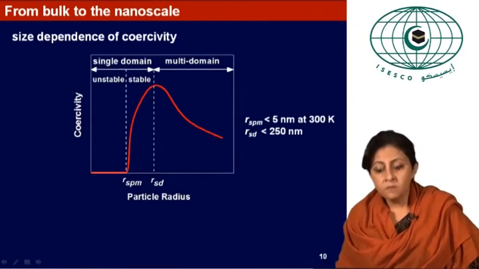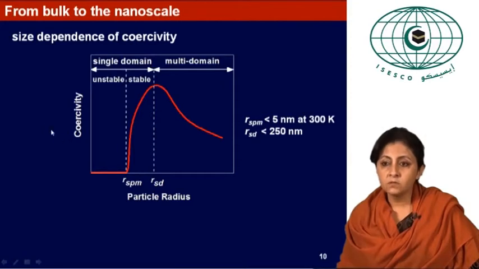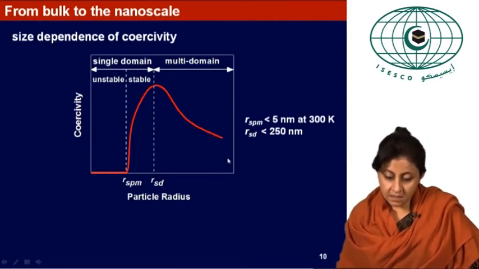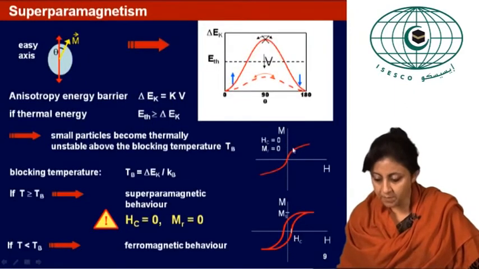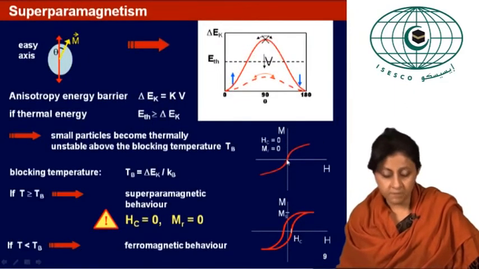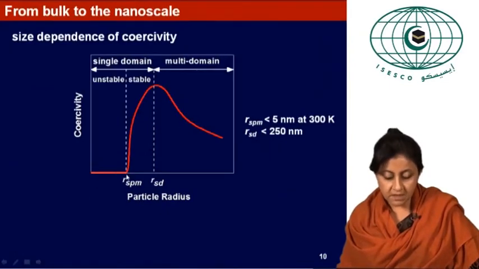So what happens when we go from bulk to the nanoscale? A very important parameter when we're studying magnetization is the coercivity. And what happens is that for very, very small particles, the coercivity is zero, which, as we saw, was the case for superparamagnetic particles. As you go to a certain critical size, which is the limiting size for superparamagnetism at a given temperature, then the coercivity increases.